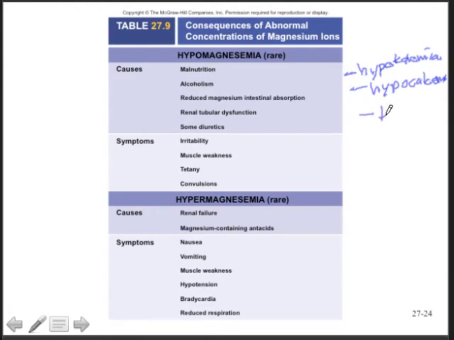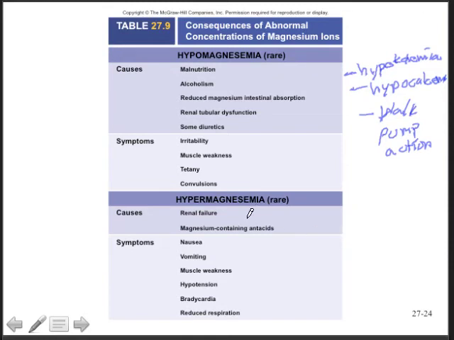And decreased sodium-potassium pump action. Okay, so an interesting cluster of manifestations just as a result of reduced concentration of this ion alone.